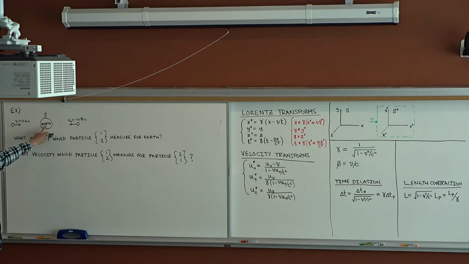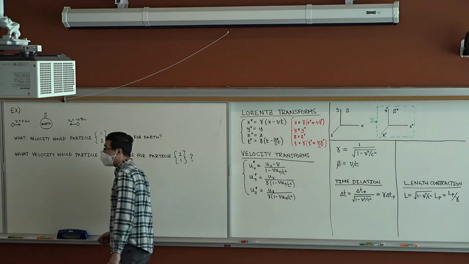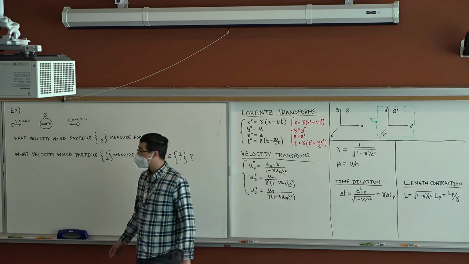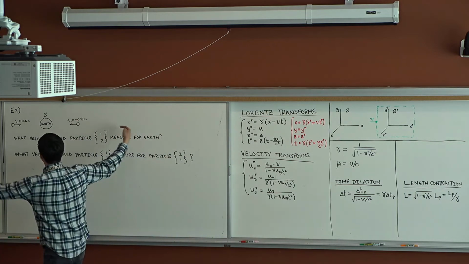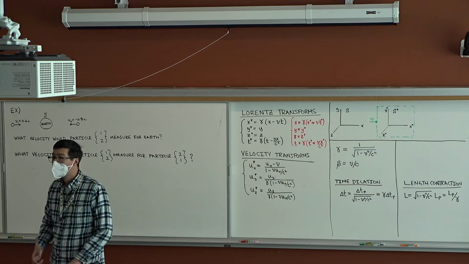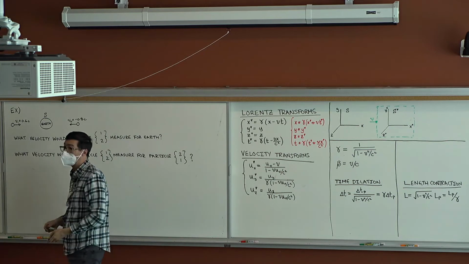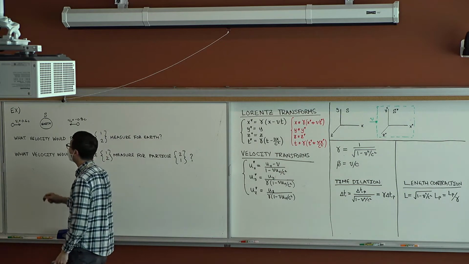We have Earth, and Earth observes two cosmic ray protons traveling towards it from opposite directions.